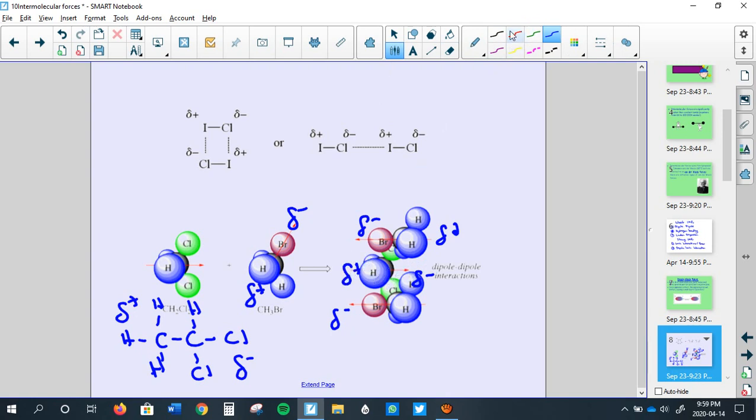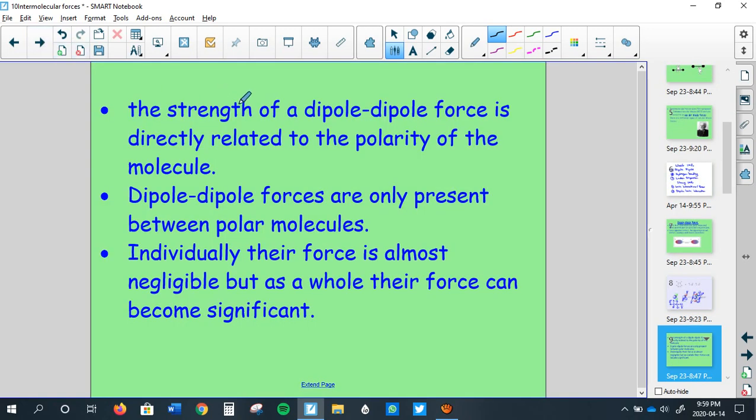Now you can see that positive and negatives interact. So these are interactions between oppositely charged dipoles in polar molecules. That's your dipole-dipole interaction, right?